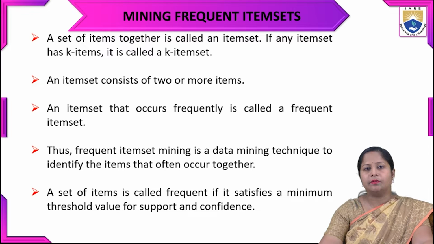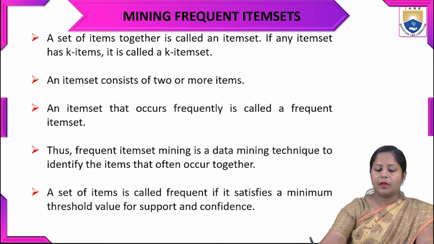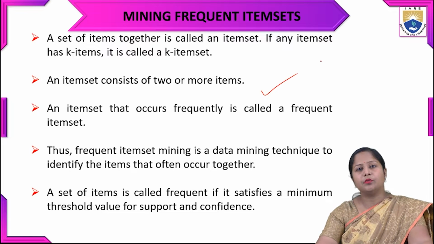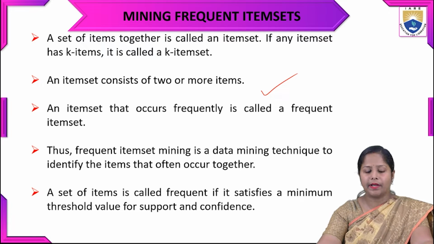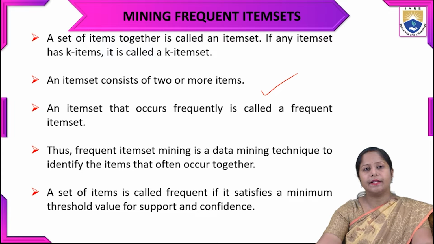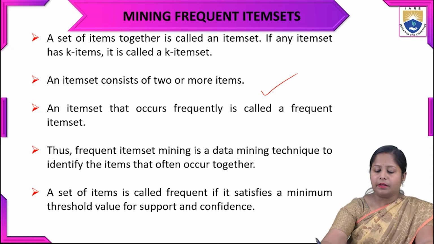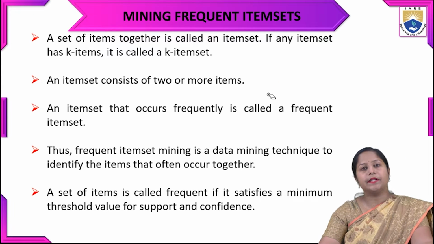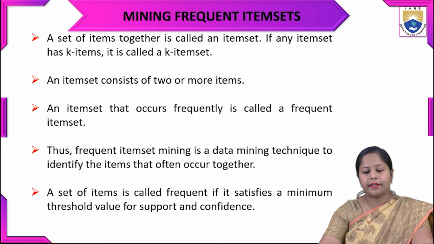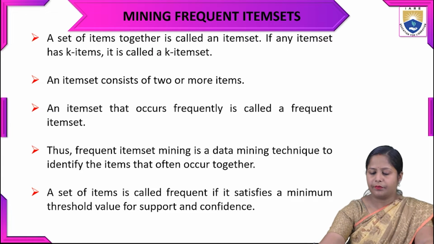K is equal to 1, 2, 3 and so on. An item set consists of one or more items. Now, an item set that is occurring frequently will be called a frequent item set.